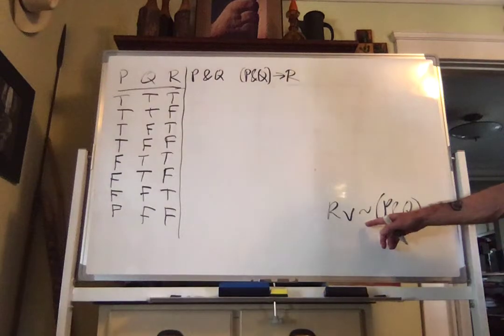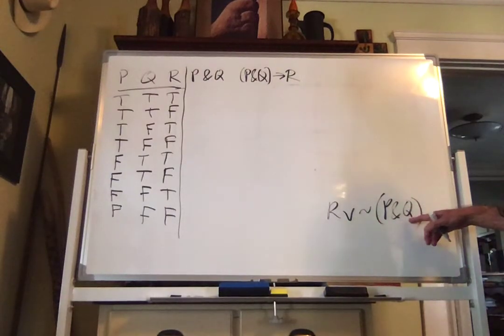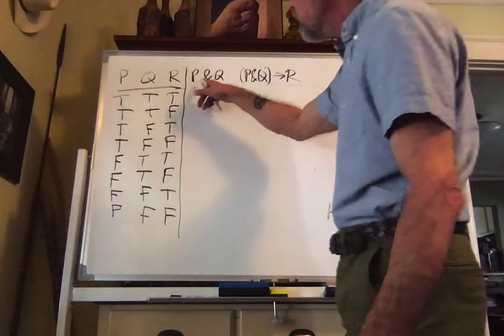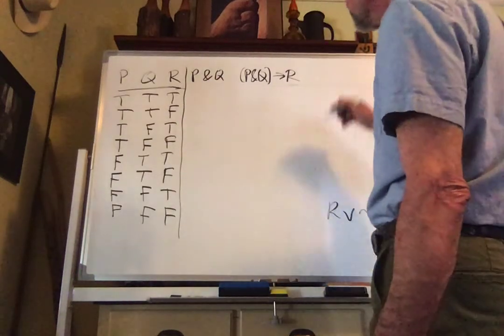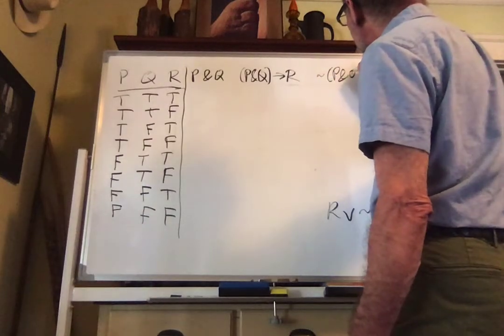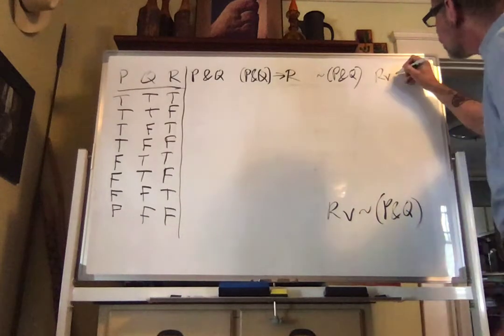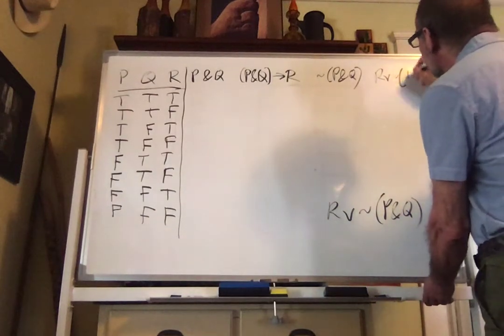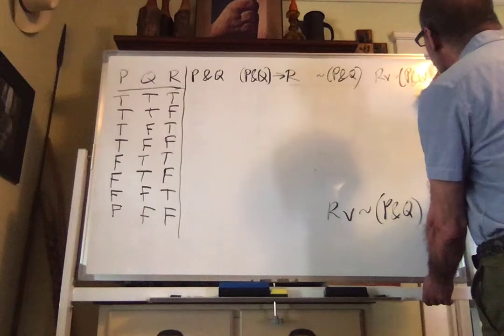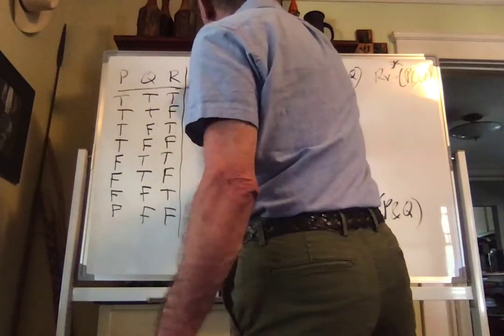I am, however, going to need to know the truth values of the negation of P ampersand Q. I'm going to be making a reference column for P ampersand Q there, but let me make one here for its negation.